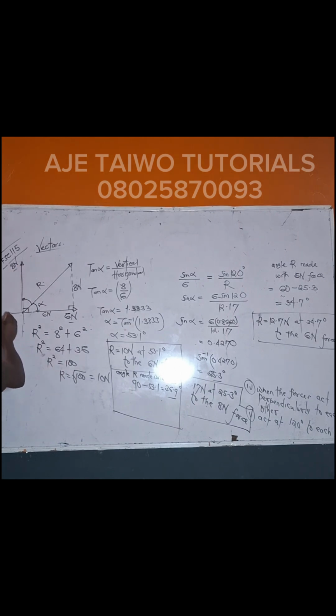These two forces, 8 and 6, are perpendicular. Perpendicular means they are at angle 90 degrees to each other. The whole of this angle is 90 degrees, and by virtue of that, here will be 90 minus alpha. Remove this alpha from this whole angle 90, and you will get this angle.